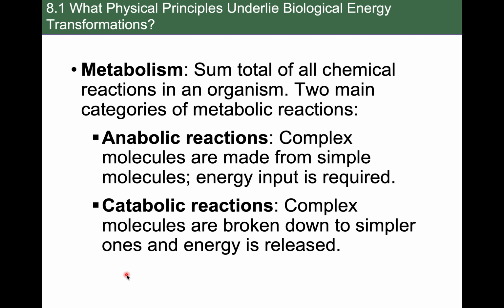Anabolic metabolism or anabolic reactions are going to be reactions that are building larger molecules. So for example, linking two monomers together or multiple monomers together to build a polymer, that's going to be anabolic. And generally speaking, we need to put energy in to make that happen, and we're kind of making order from chaos in that type of anabolic reaction.